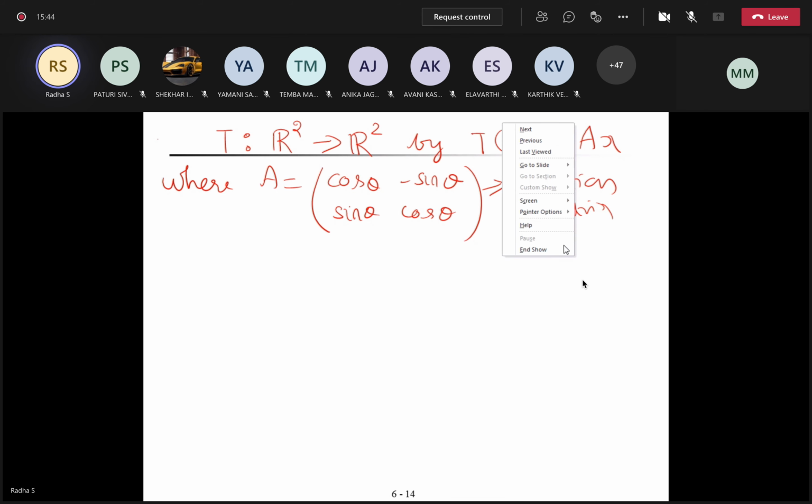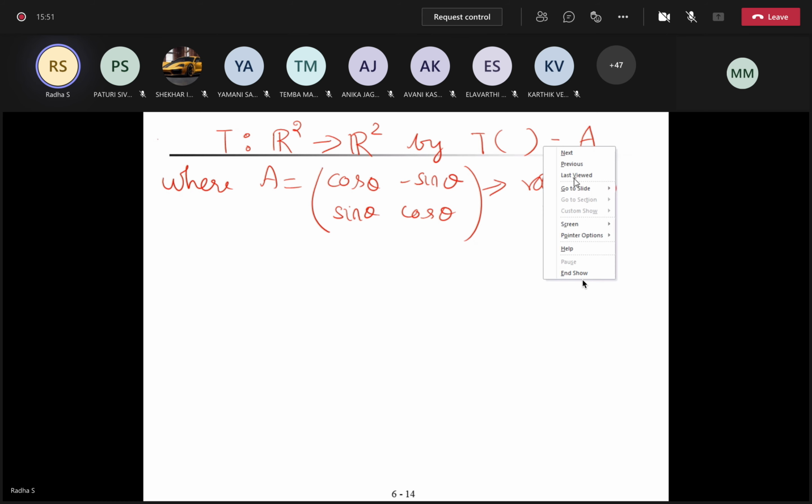I don't like X here, so I'll take it as U, because there is some reason behind it. I'll take U as x comma y, x coordinate and y coordinate. That feeling we should have.